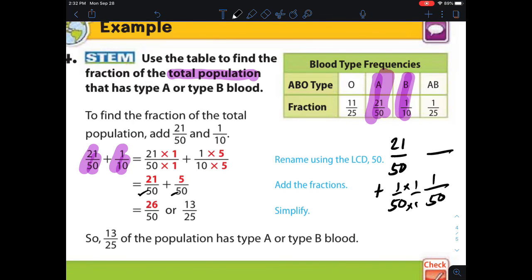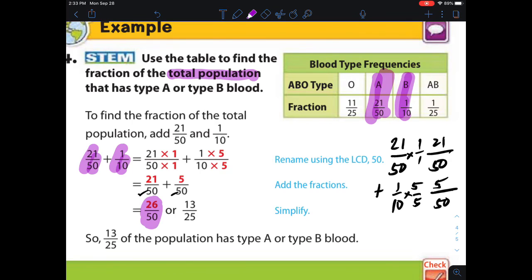Oh sorry, my bad, this is 10 actually. Let me redo this, 1/10. And LCD is 50. Multiply this by 5/5. So this becomes 5/50. Multiply this by 1/1. It becomes 21/50. Simply add 21 plus 5.